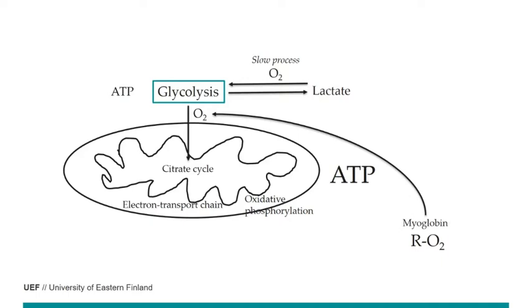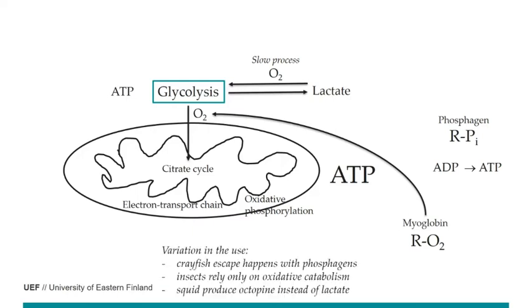And of course, this works only for a short interval. And then we have these phosphagens. So we have stored phosphate, and this can be used to produce ATP from ADP. So we have four different ways to produce ATP in these cells.